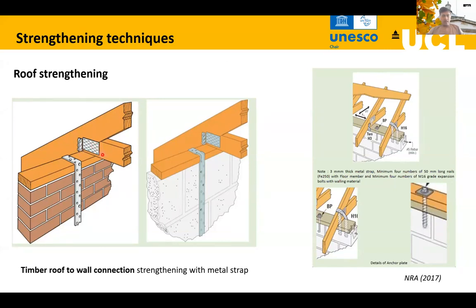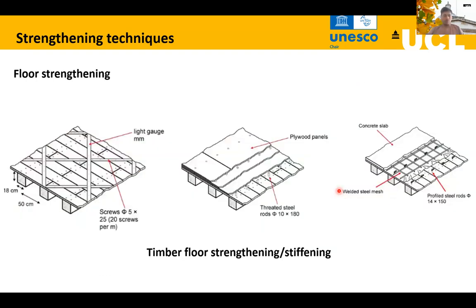In many cases, we have poor connections here, only resting over the wall. So we can improve those by using these straps, nails. We can dig holes and then put nails. But this requires skilled manpower as well as the right tools for these strengthening works.